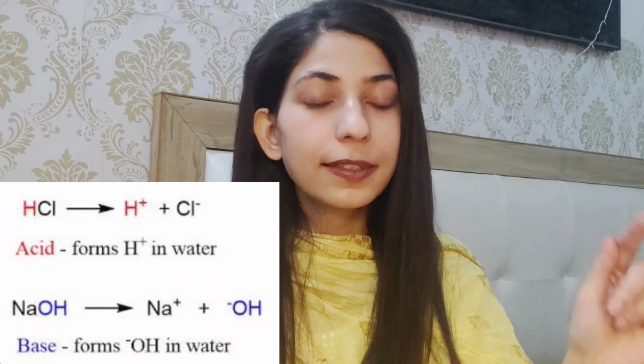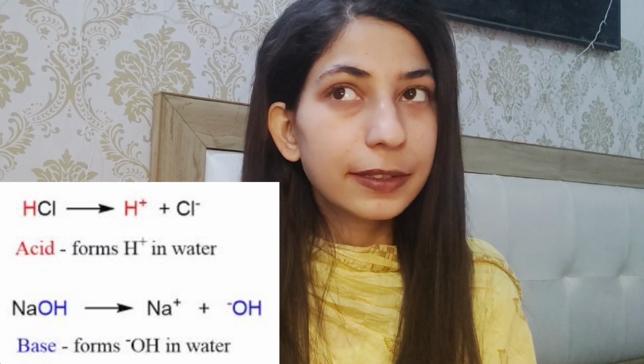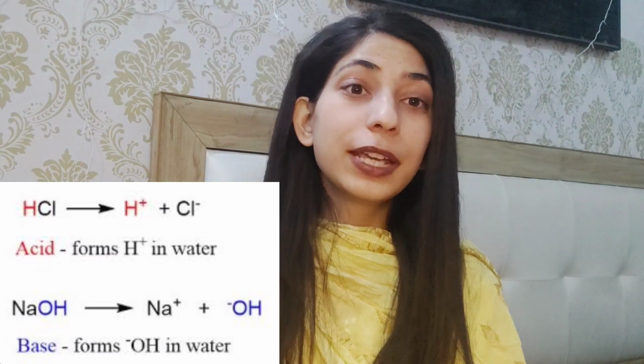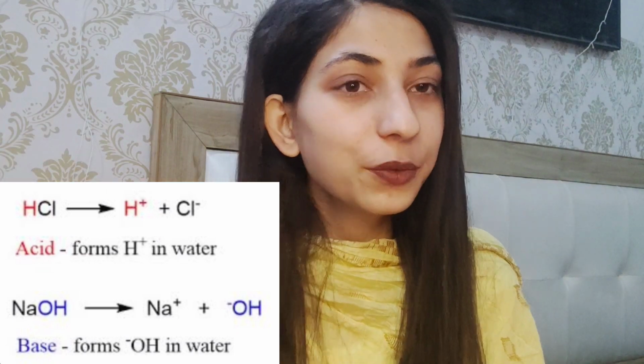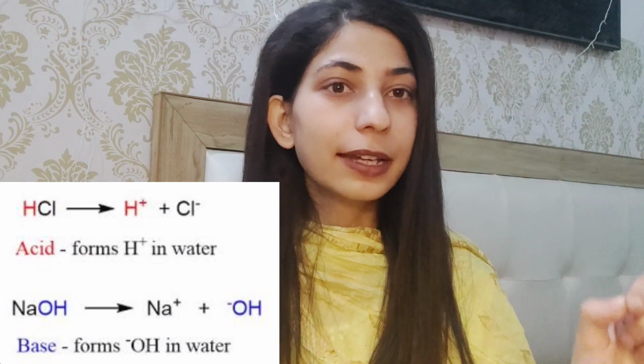HCl releases H+ ions in water, as H+ and Cl-. So that's an example of an acid. Then we have a base, NaOH, sodium hydroxide, which releases hydroxide ions in water, Na+ and OH- ions. But there is a limitation to this theory. The limitation is it only applies to aqueous solutions.